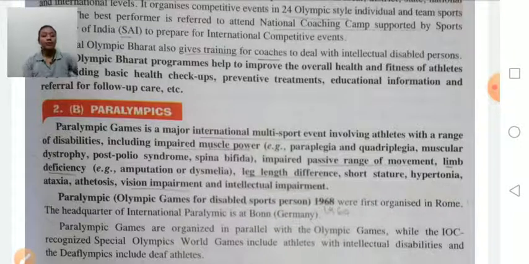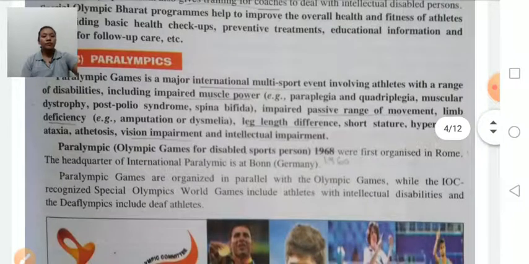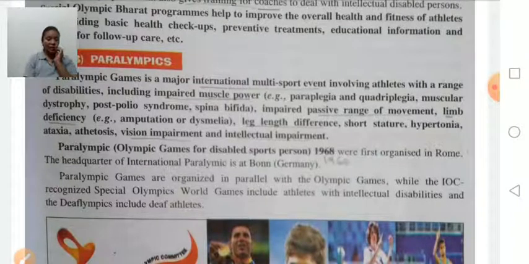The first Paralympic Games were held in 1960 in Rome, and the headquarters of the International Paralympic Committee is at Bonn, Germany.